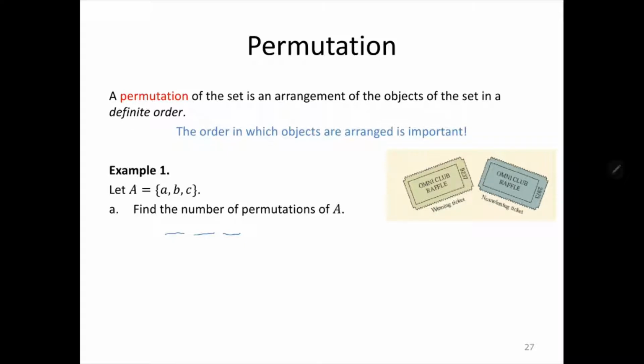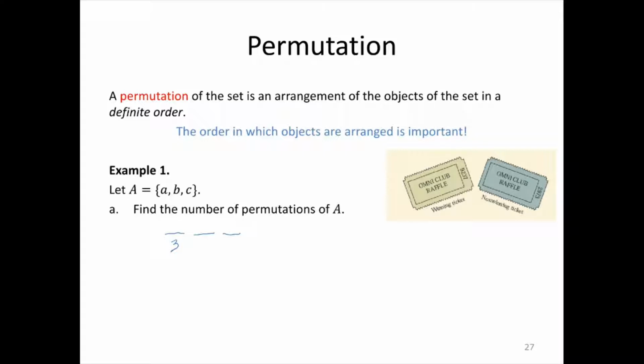So we have three blank spaces, and each of them should be filled with either A, B, or C. For the first blank spot, there are three possibilities. What about the second one?